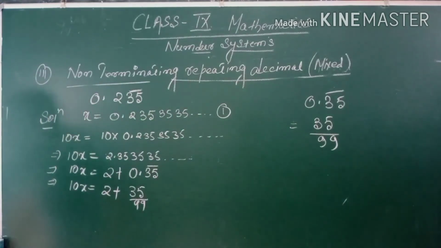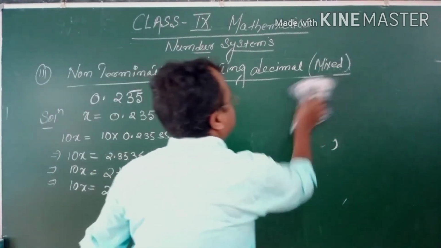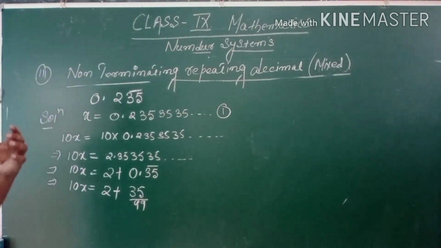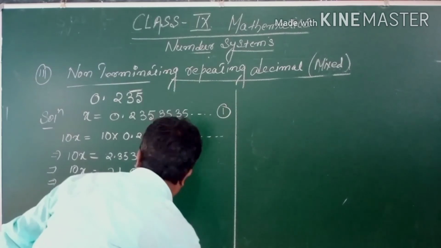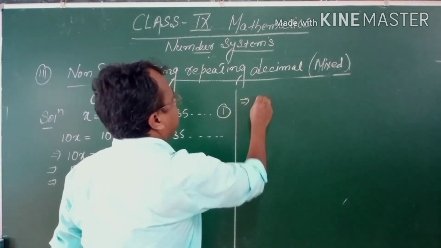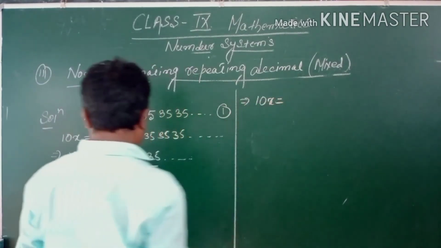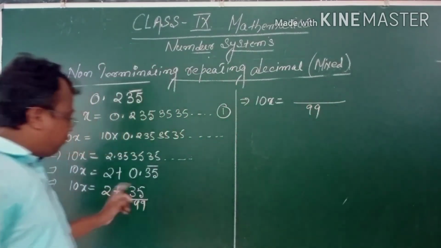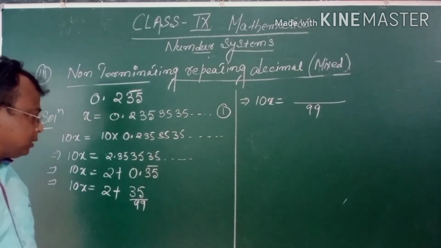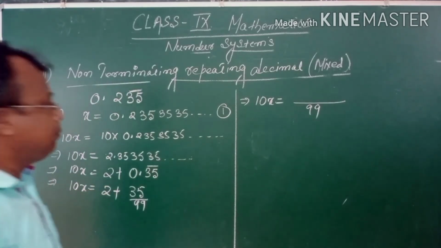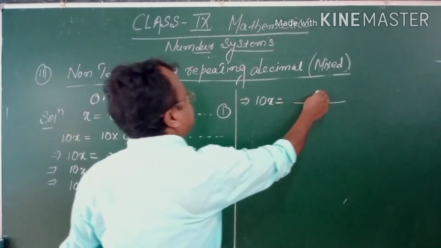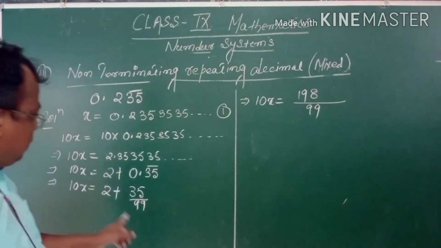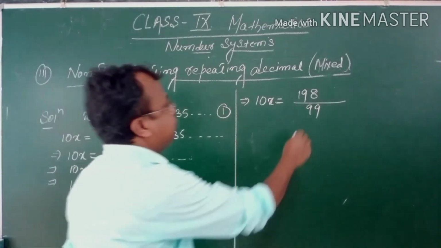Now 10x is equal to 2 plus 35 by 99. Take the LCM, which is 99. You know how to add fractional numbers, so 2 into 99 is 198, plus 35.